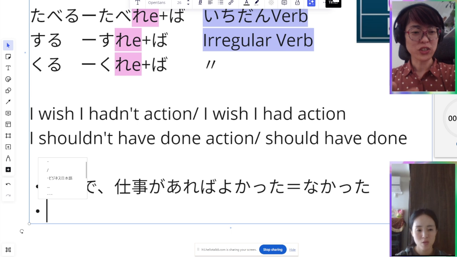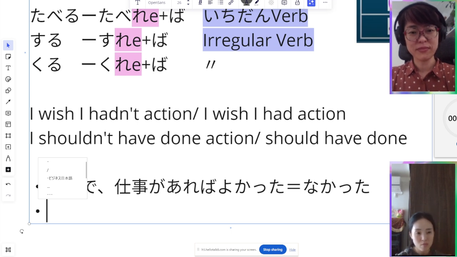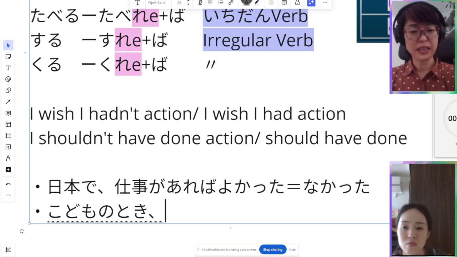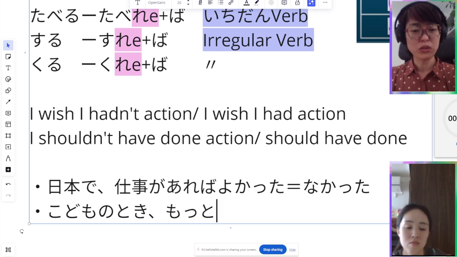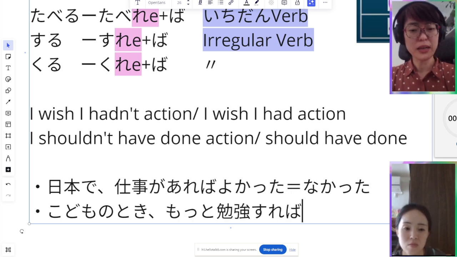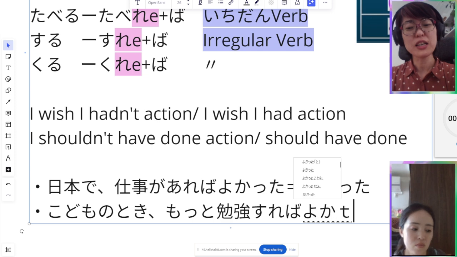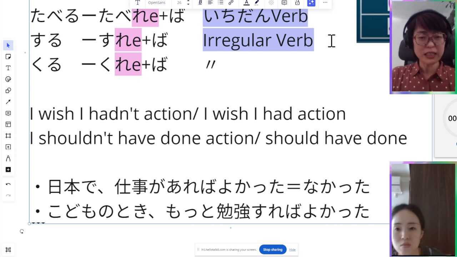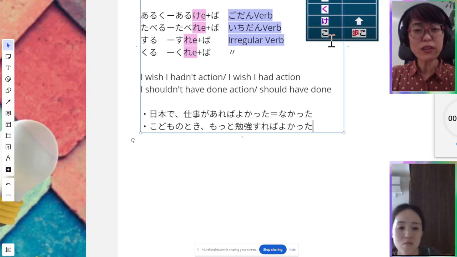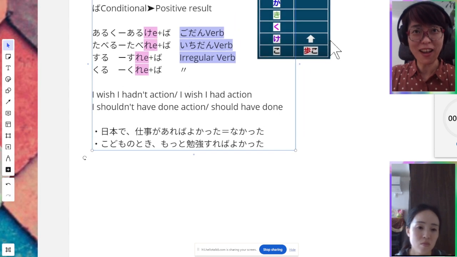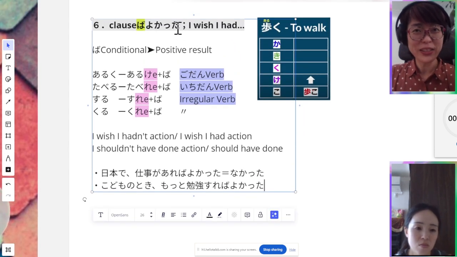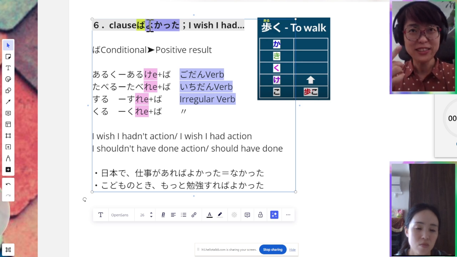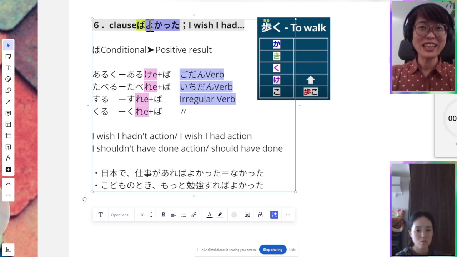What do you wish? 子供の時、もっと勉強すればよかった. Okay, so this phrase is only focusing on よかった. You only regret or wish about that past action.